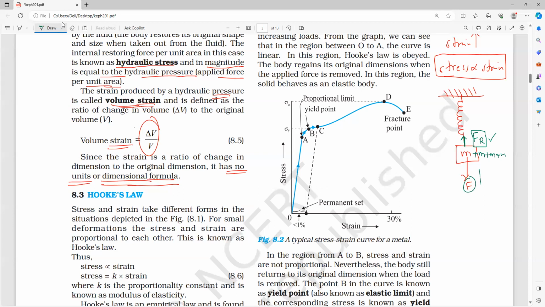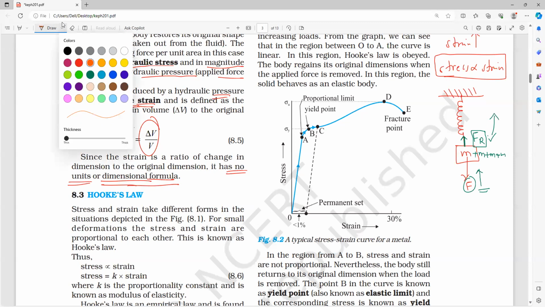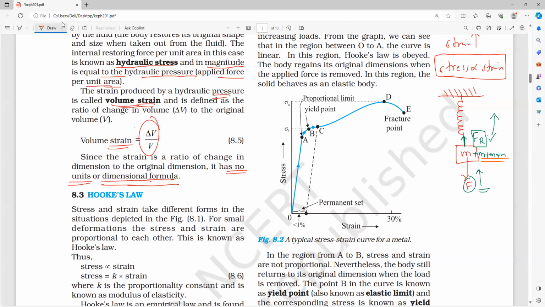Then this force keeps on increasing. Am I right or wrong? The weight of the body keeps on increasing or not? Yes, please respond. If the weight of the body keeps on increasing, then the restoring force also keeps on increasing.